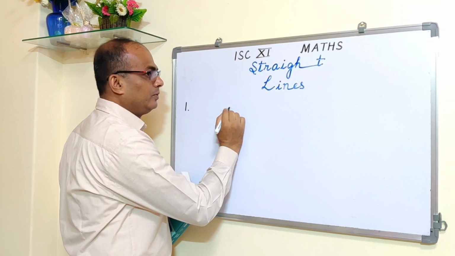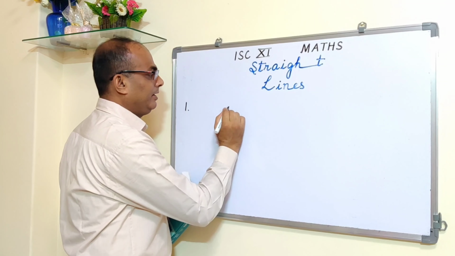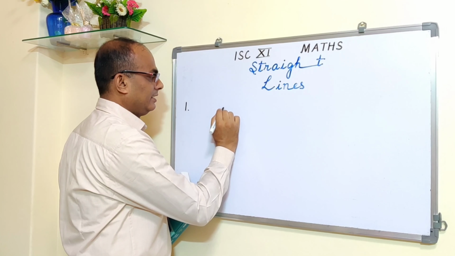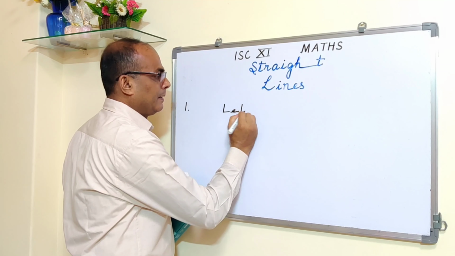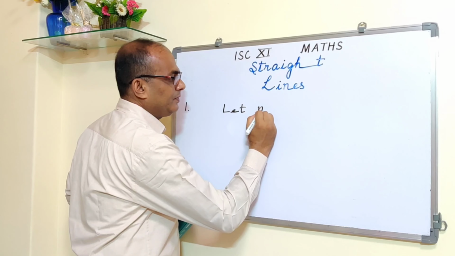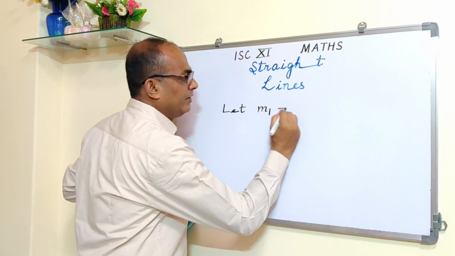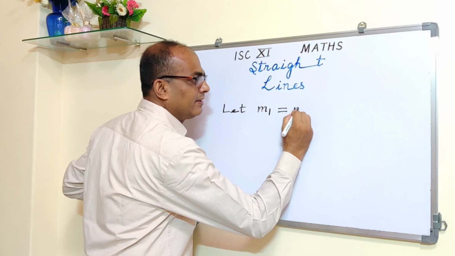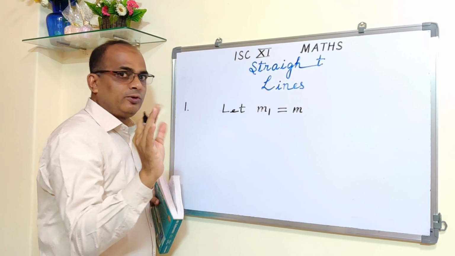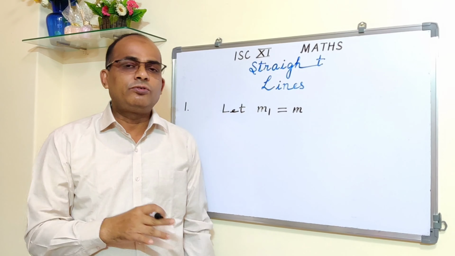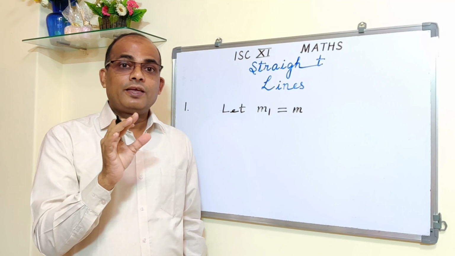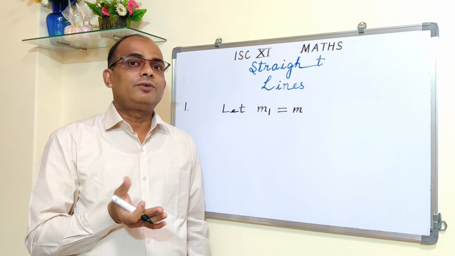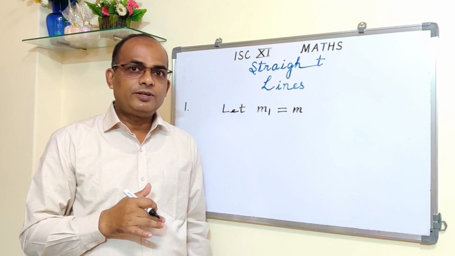Let m1 be equal to m. There are two lines and their slopes are m1 and m2, and then we use the formula tan theta, the angle between the two lines theta, which is given by tan theta is equal to m1 minus m2 upon 1 plus m1 m2.